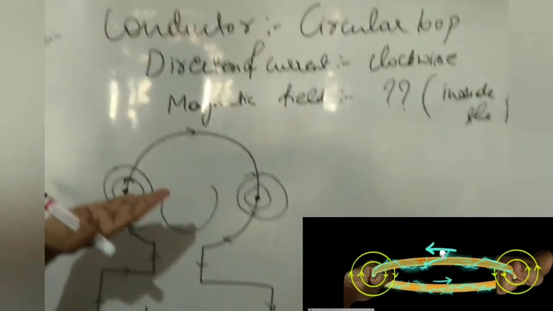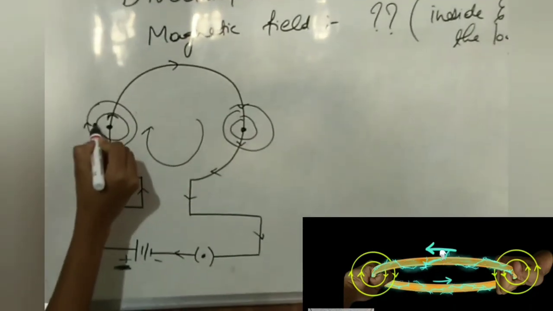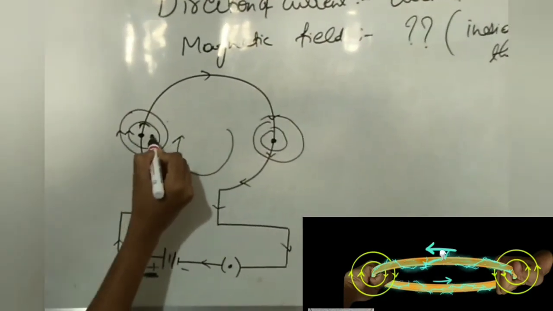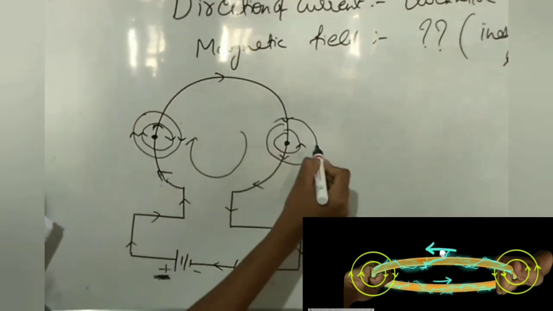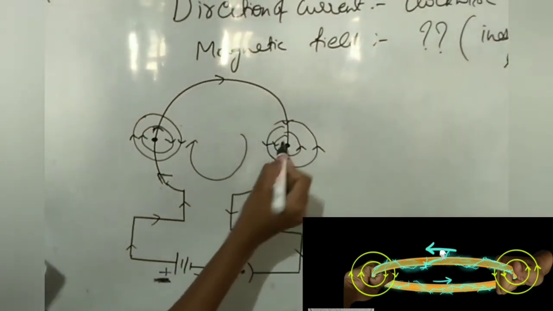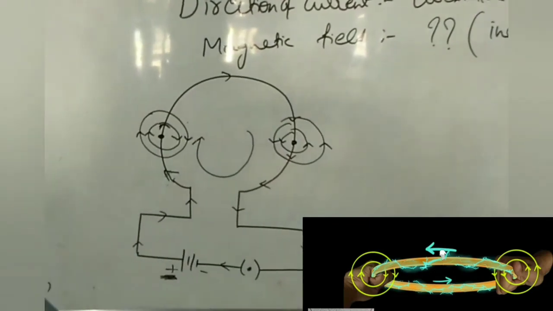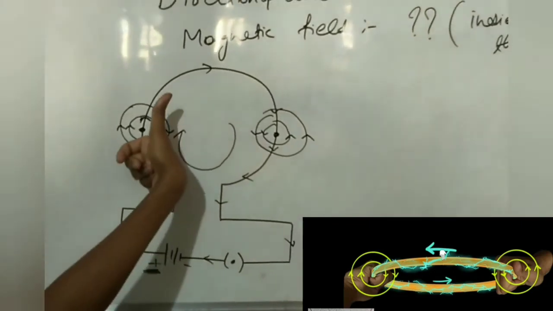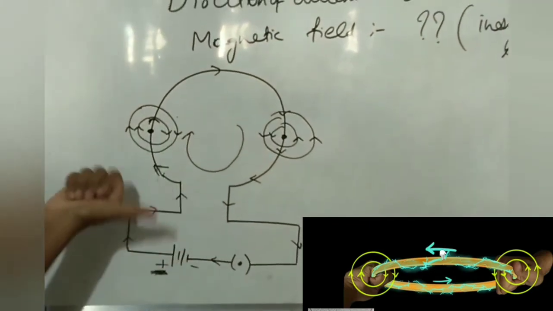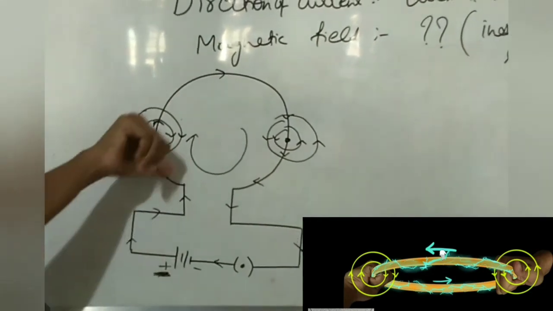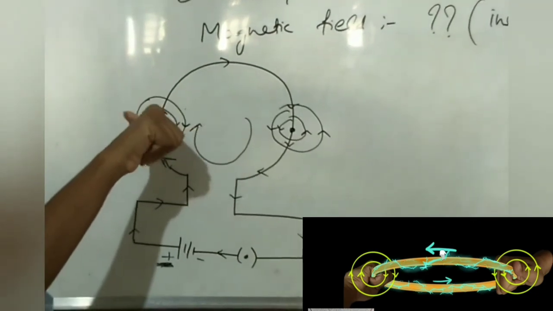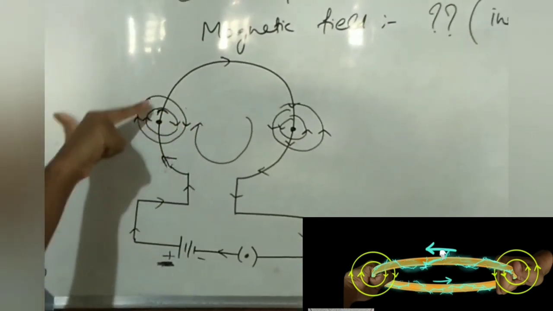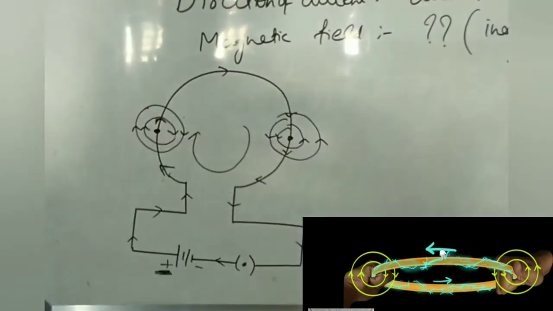So when we apply the right hand thumb rule, the magnetic field will flow like this, and on that side it will flow like this. See, just look, we have a right hand thumb rule like this. When you go like this, we can't see, we'll get like this. So look at this, it's flowing towards like this. Observe my fingers, we'll get exactly the same direction, and the same thing applies here.